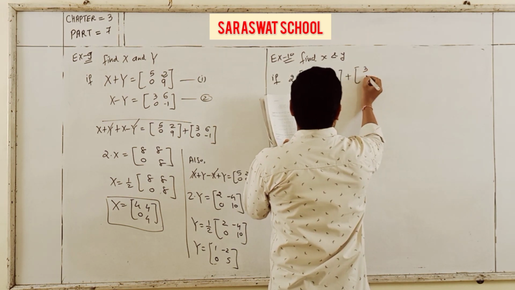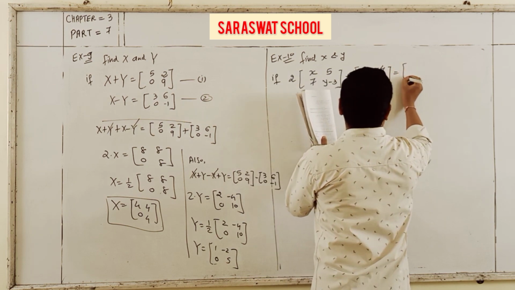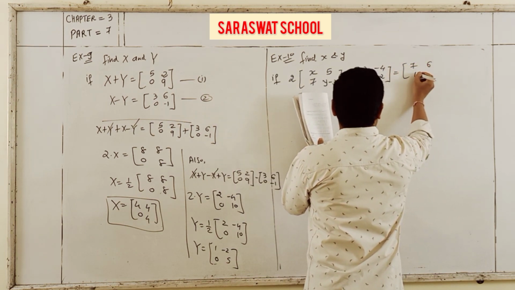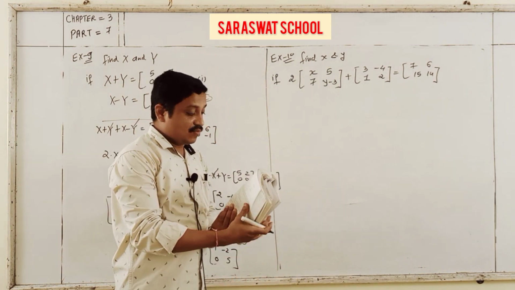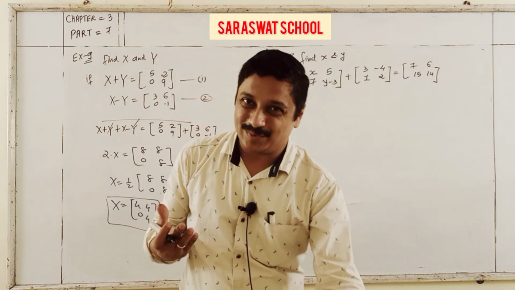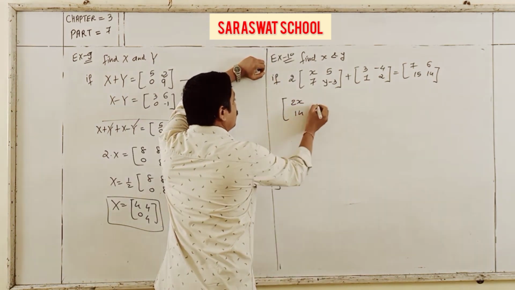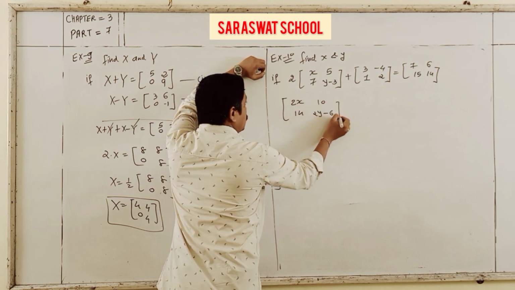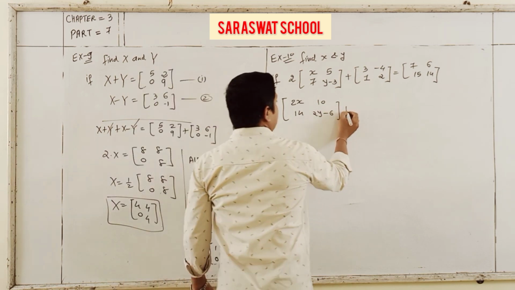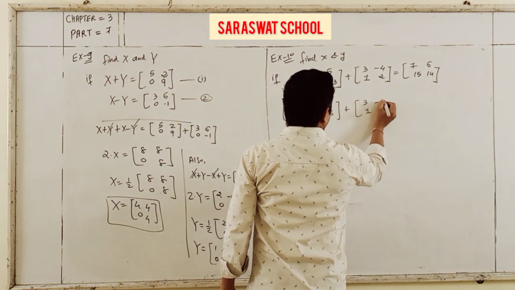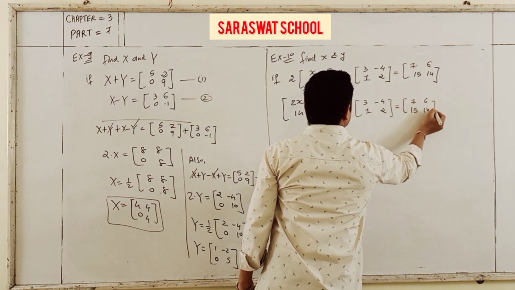Next 3 1 minus 4 2 is equal to 7 6 15 14, 7 6 and 15 14. Those are easy calculations. First multiply inside every entry: 2X, 14, 10, 2Y, 3, 6. Continue. Similarly 3 1 minus 4 2 and 7 15 6 14.